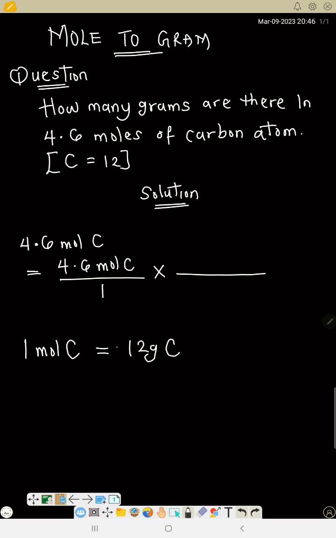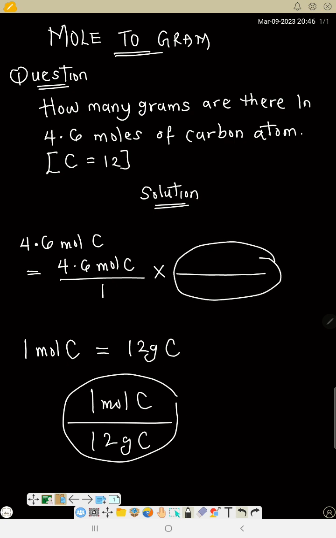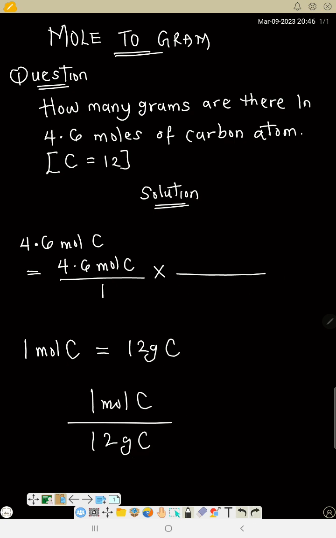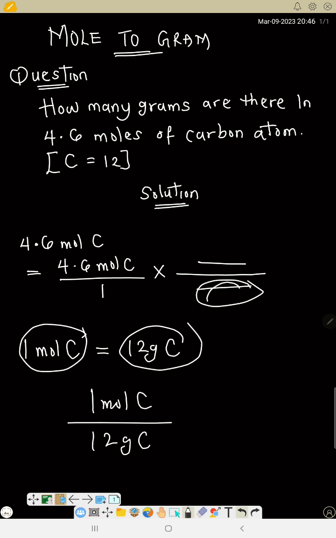Now I have to place 1 mole of carbon and 12 gram of carbon. But which one will I write under and which one on top?